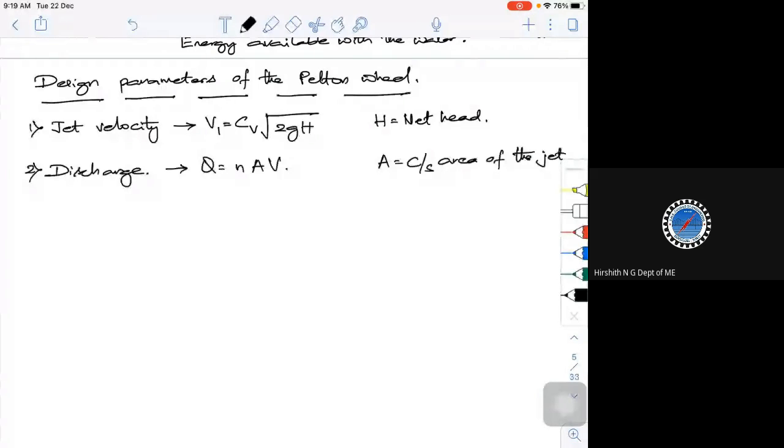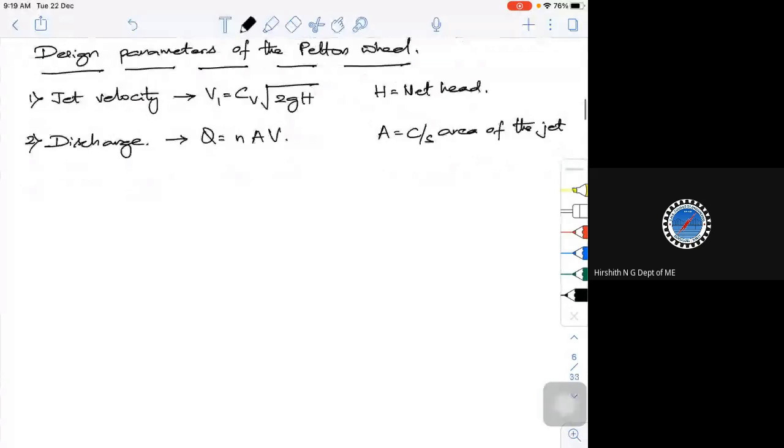Then what is V? This is your jet velocity, which is V1. And what is N? N is the number of jets. If it is 1, it will be simply A into V1.